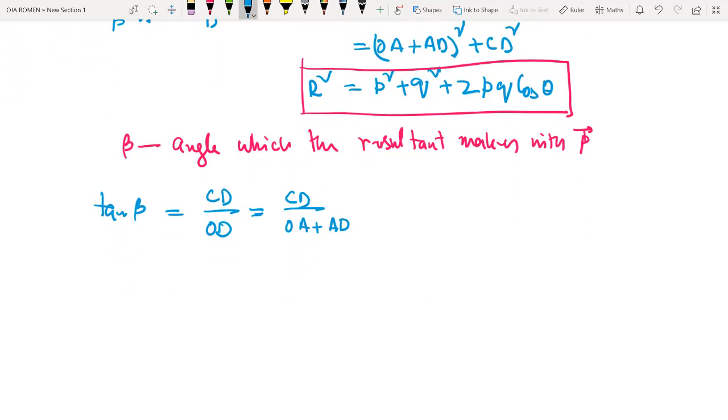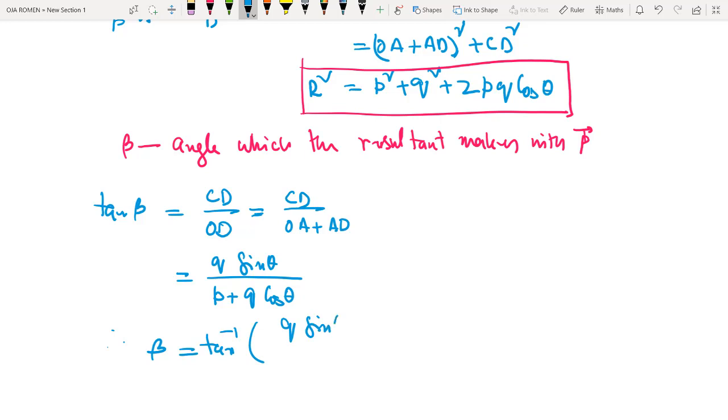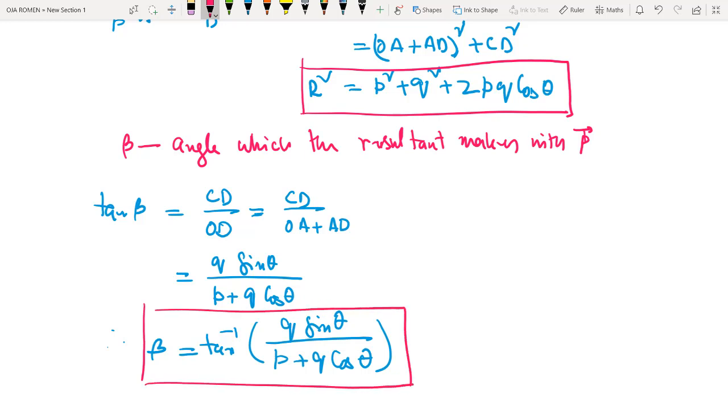Then CD is Q sin theta divided by P plus Q cos theta. Therefore, the angle beta is tan inverse of Q sin theta divided by P plus Q cos theta. So this is the angle which the resultant makes with the x-axis.